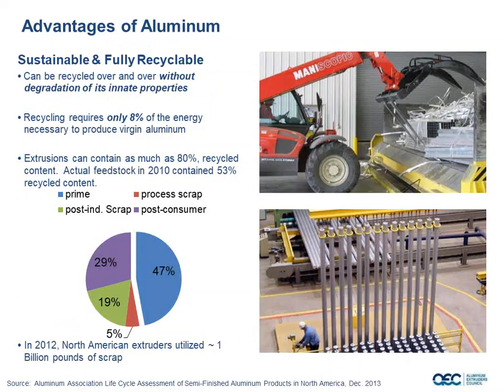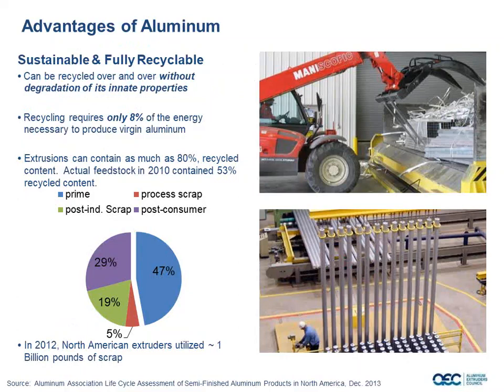One of the other real benefits of aluminum is its recyclability. And I'm sure most all of you are aware that aluminum is highly recyclable, but you may not be aware of, again, some of the money-saving characteristics of recycling aluminum. To remelt and reuse aluminum requires only 8% of the energy that's required to produce virgin aluminum.